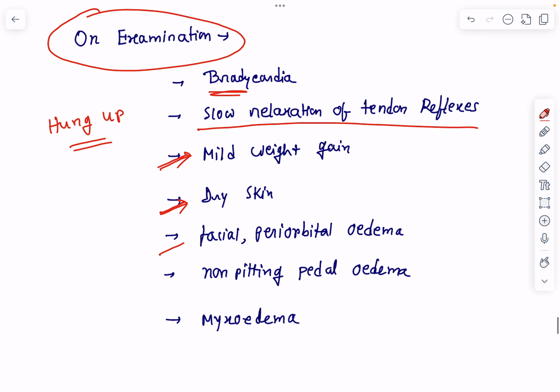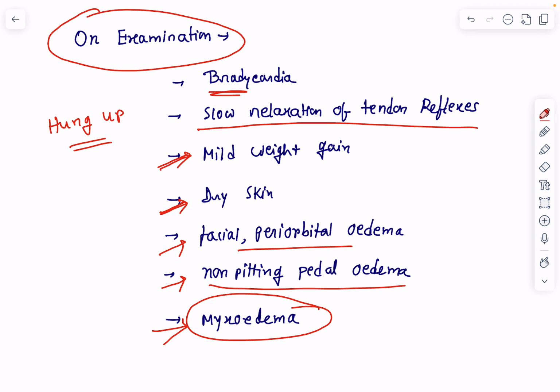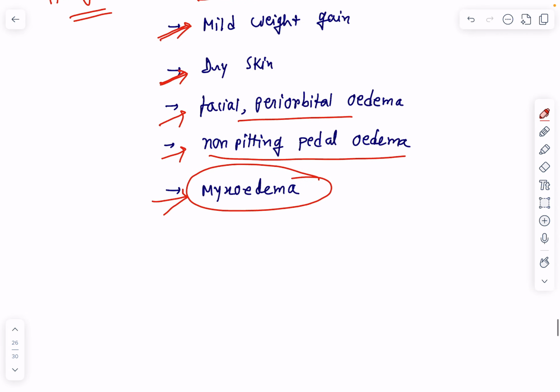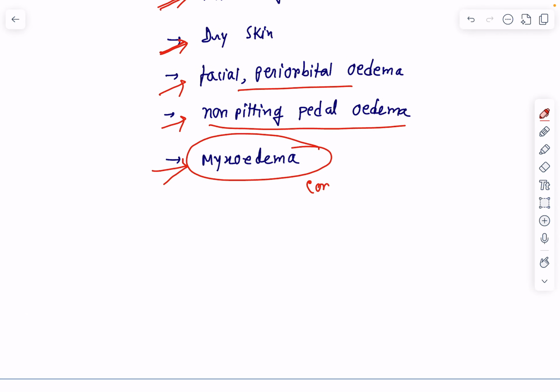There will be facial or periorbital edema. Non-pitting pedal edema can also be there. So hypothyroidism is one of the causes of non-pitting edema. And there may be myxedema in severe cases of hypothyroidism. I'll discuss myxedema coma in a separate class.